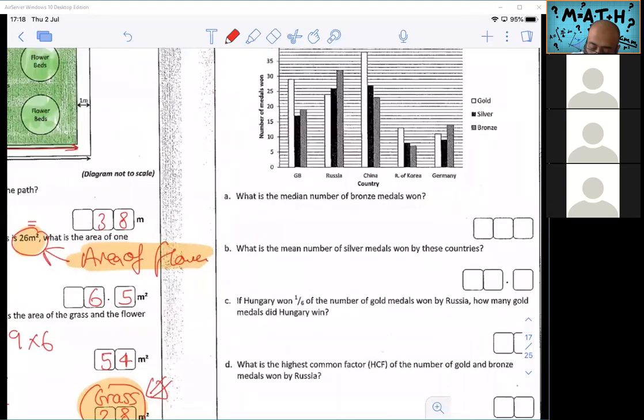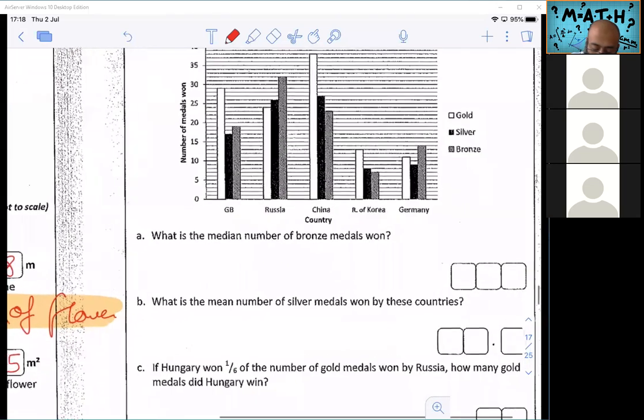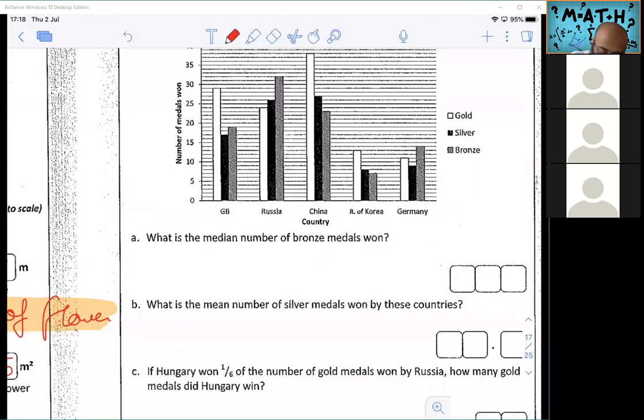So we got to look for the bronze medals. The first bronze medal is going to be 19. Okay, and the next one's going to be 32. And the next one's going to be 25 over here. 23.